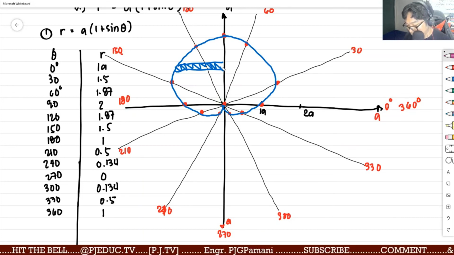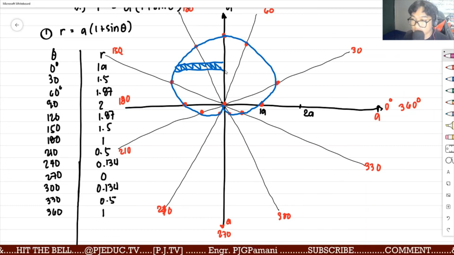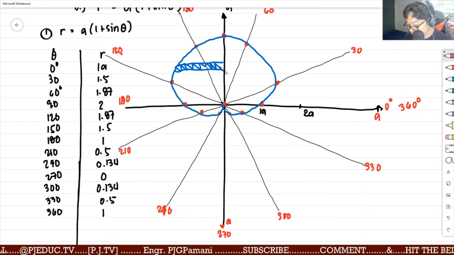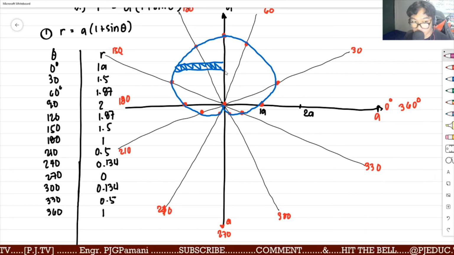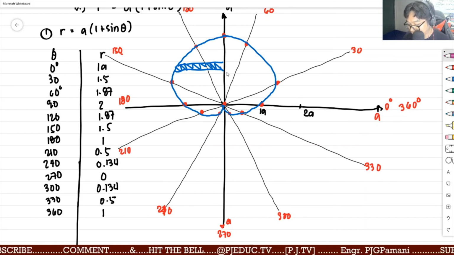Then kung sa ibang side from 270 degrees to 360 plus 90 to 450 degrees, parang ganon. But if you're going to solve the entire area, pwede ring 0 to 360 degrees. Then your limits.